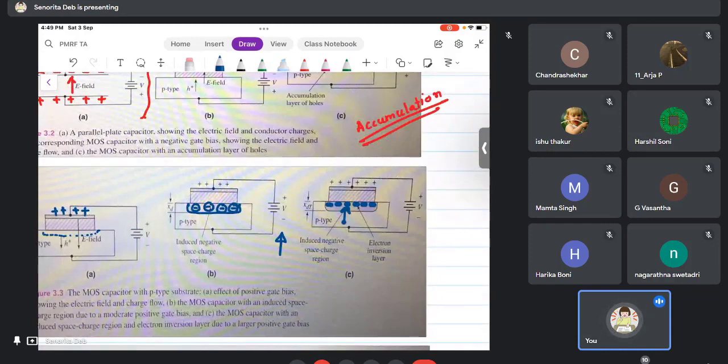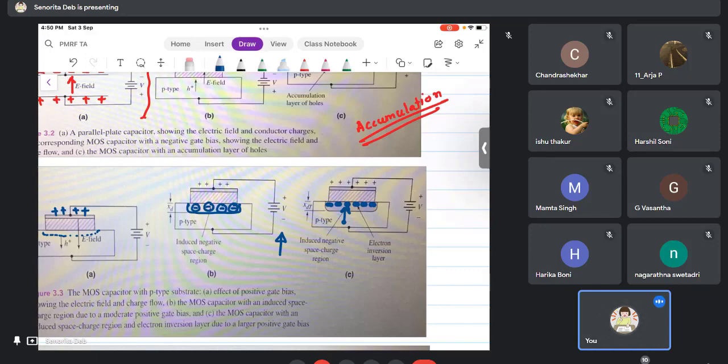What have you achieved? This was a normal MOS capacitor. Now we will see how it behaves as a transistor. We are able to flow a current by applying a bias, right?